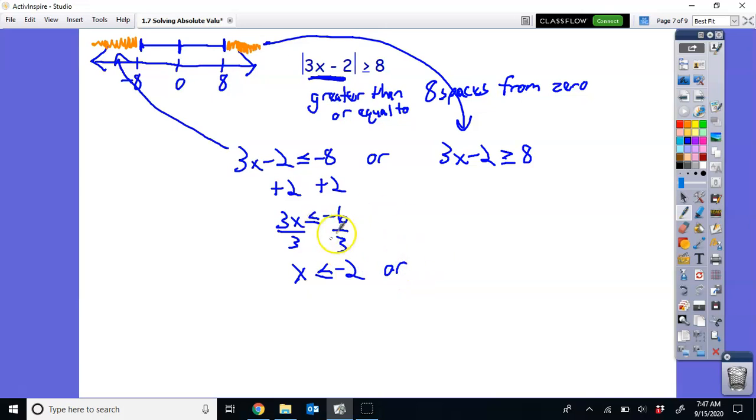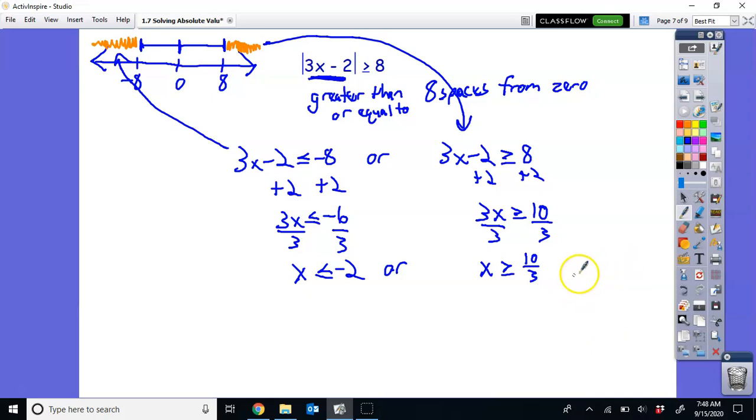Do be careful if you're dividing by a negative, you flip the sign, but don't flip the sign right here. Add 2 here. You get 10. Divide by 3. And you get x is greater than or equal to 10/3. That's an ugly little decimal there, like 3.333 repeated forever.